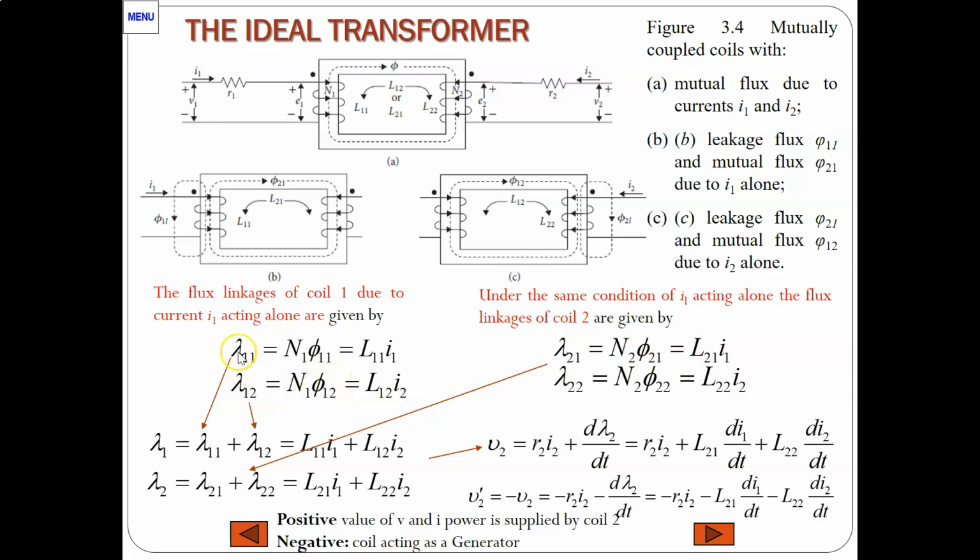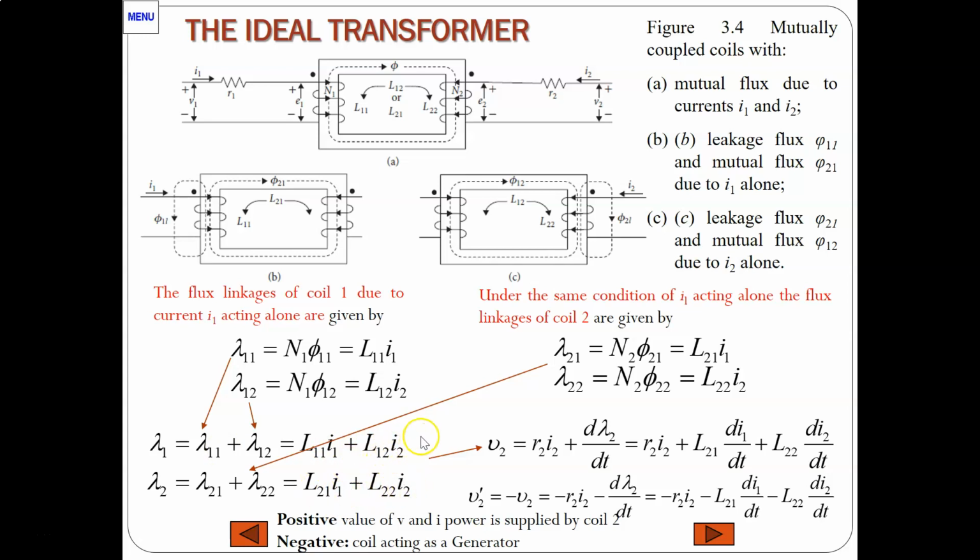Then you insert those relationships into the flux linkage expressions, both for the primary side and the secondary side. Then we have included both the self and the mutual parts of both current 1 and current 2.